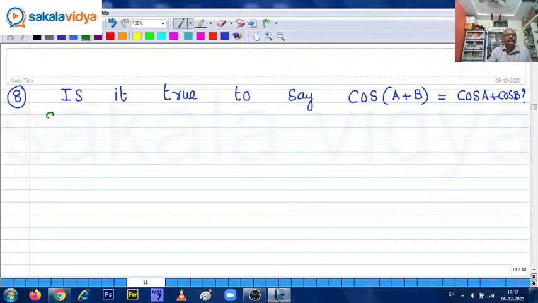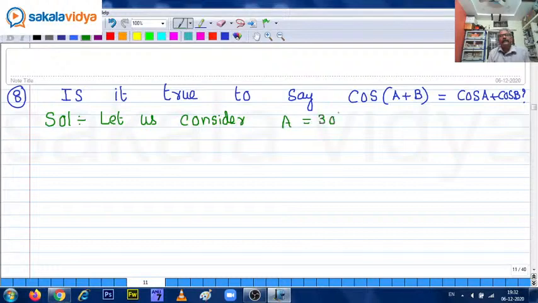Okay, solution. Let us consider a is equal to 30, b equals 60. It is not the formula for compound angles.